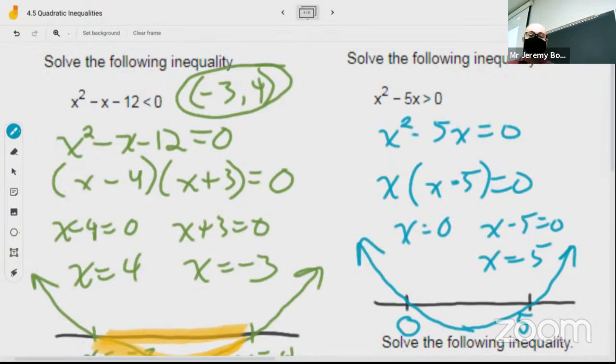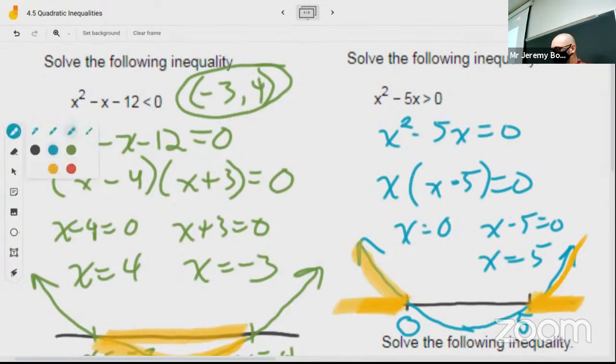We're trying to figure out where it's greater than 0. Where is it above the x-axis? So it's going to be here and here. And so that means that it's going to be those intervals of x values. That's why I like to draw it kind of wider and flatter, because it shows you that it keeps going towards positive infinity, negative infinity as well.